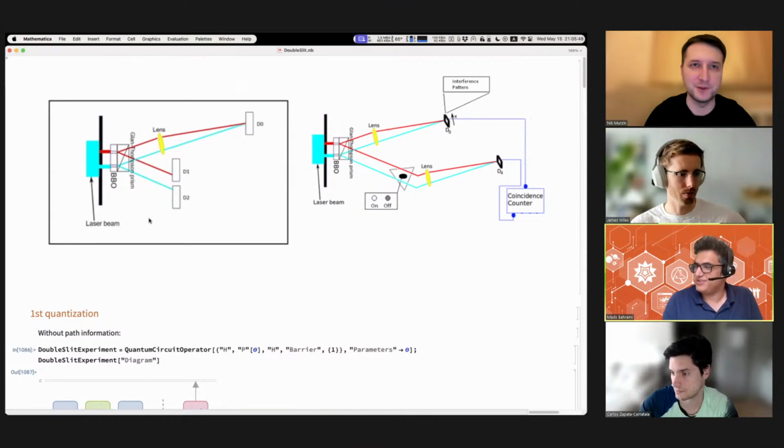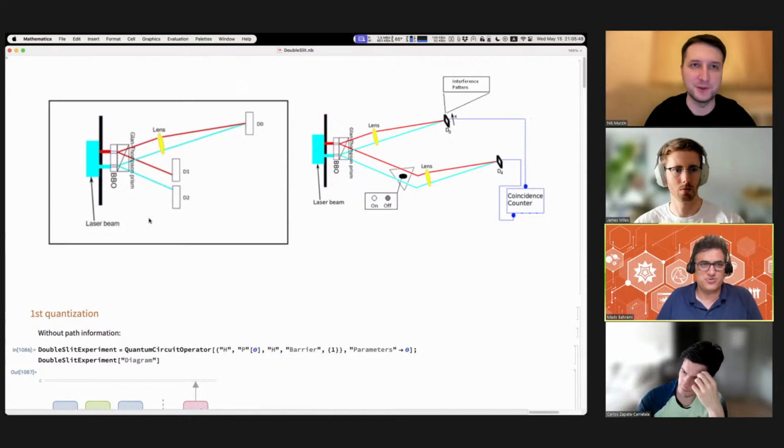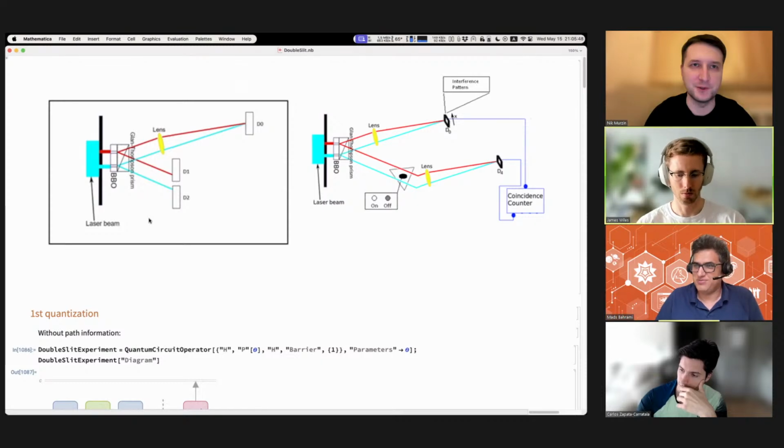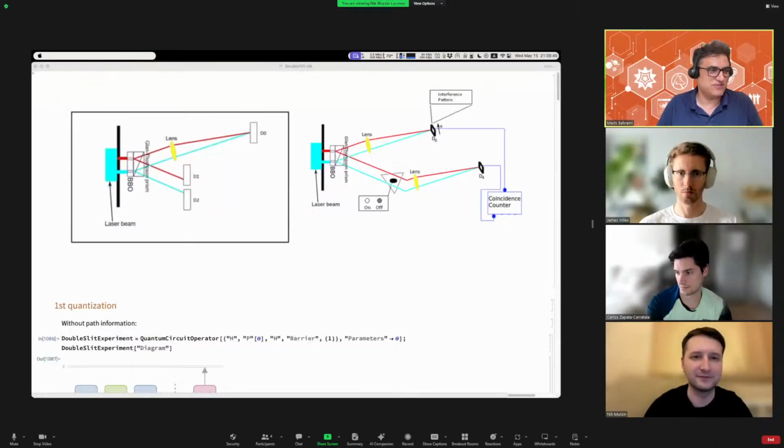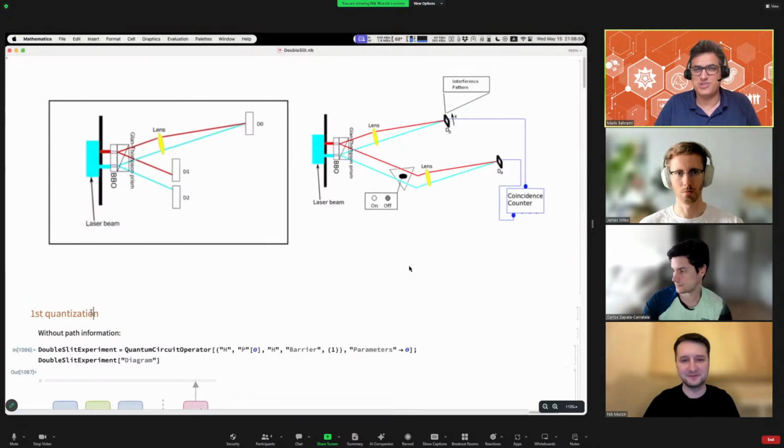One thing, just to give the audience a general intro: as you may know, from the very beginning quantum theory puzzled many scientists, and they had a very hard time understanding it. What we are trying to do here is provide a framework for users, for scientists, to explore these ideas. This is what we usually refer to as a computational experiment.